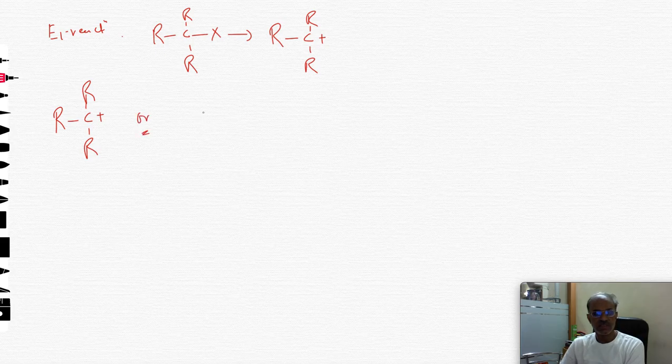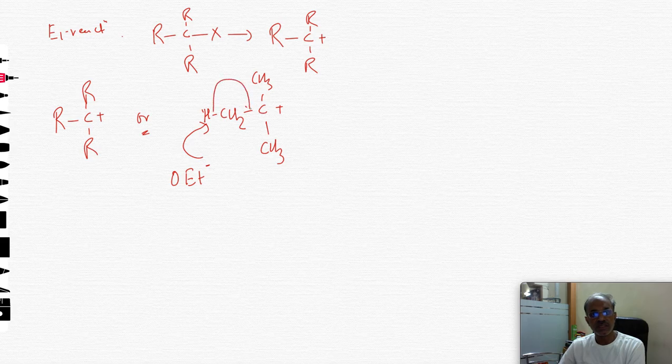Take for instance CH2, C, CH3, CH3 with a positive charge. Now what happens? A nucleophile, OEt, absorbs this hydrogen atom, and then we get CH2 double bond C, with CH3 and CH3, leading to the formation of EtOH, that is ethanol.